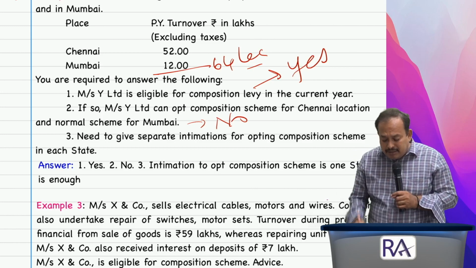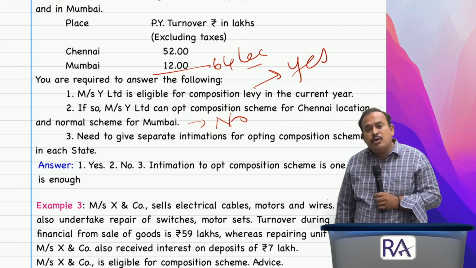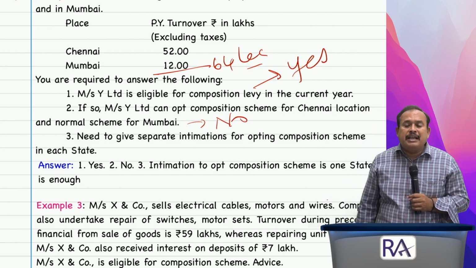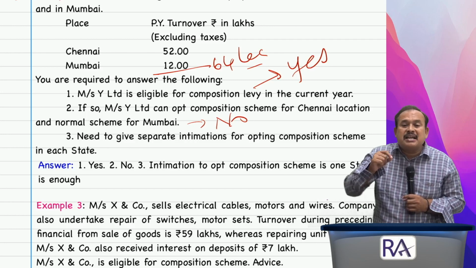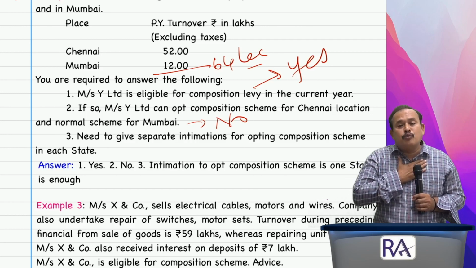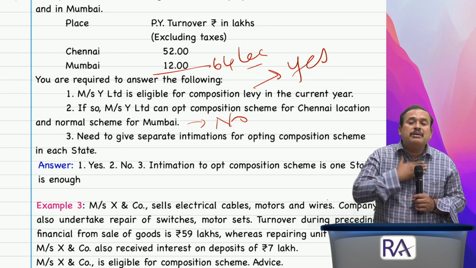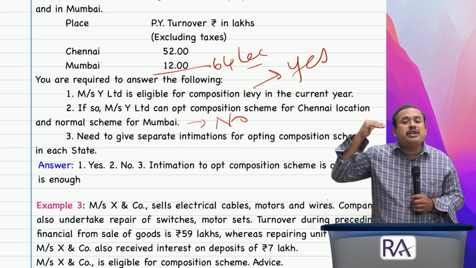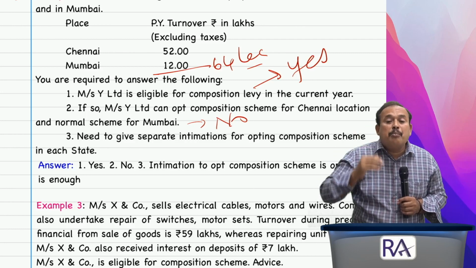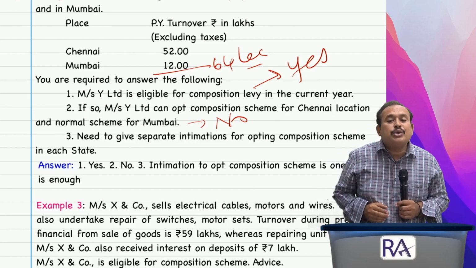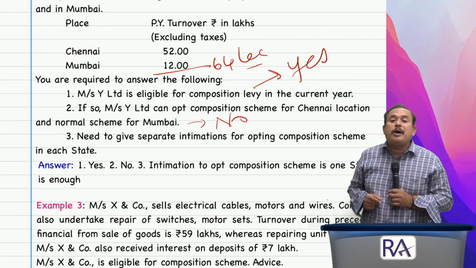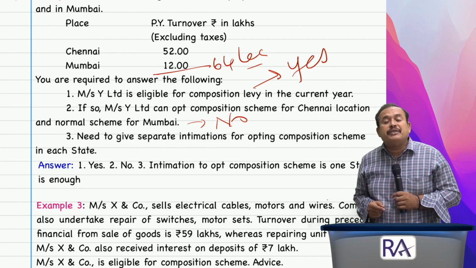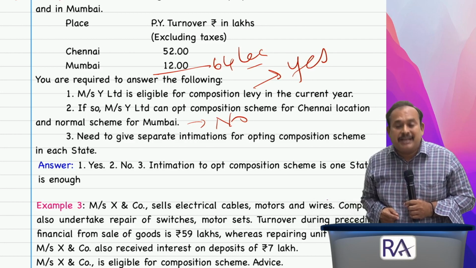When should I intimate? Important to note, if I am eligible for a composition scheme, I should intimate before the commencement of the succeeding financial year. If I want to go to composition scheme in the year 23-24, prior to 1st April 2023, I should have informed the department I am going to opt for composition scheme from 1st of April 2023.